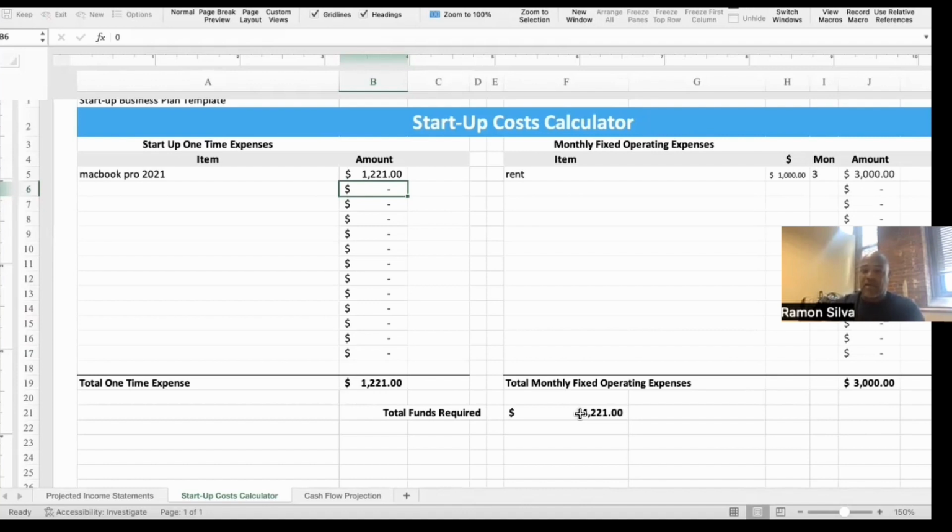So any amount here for the total funds required should be able to show where that money's coming from, whether it's $10,000 from us and $5,000 from you, either in cash that you have in the bank, or that you're going to borrow from a parent or a friend, or you've taken out a loan for.